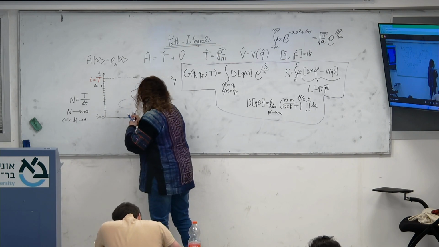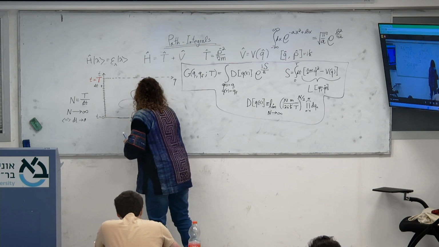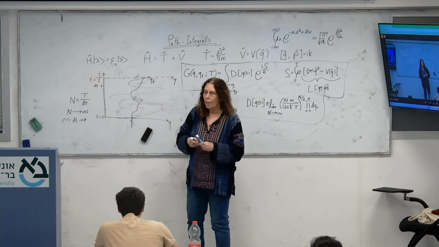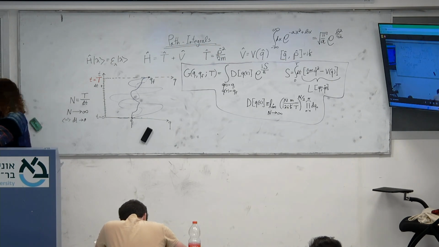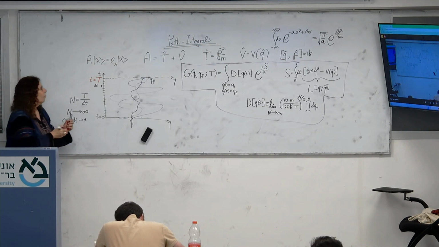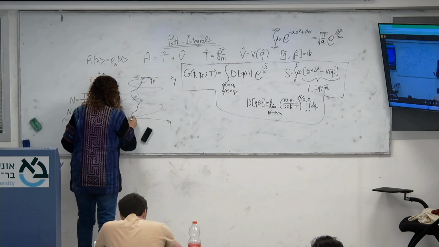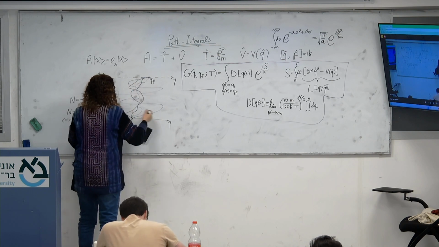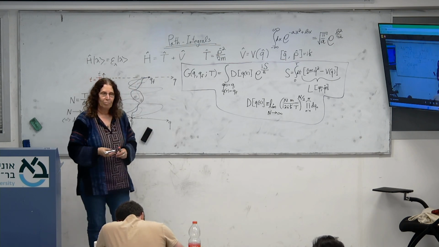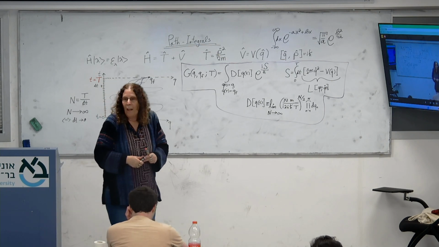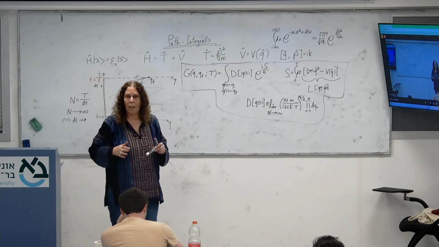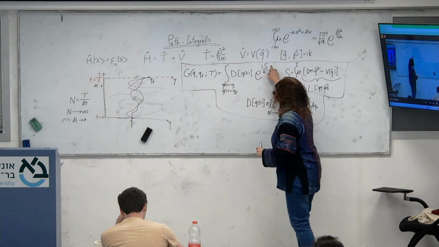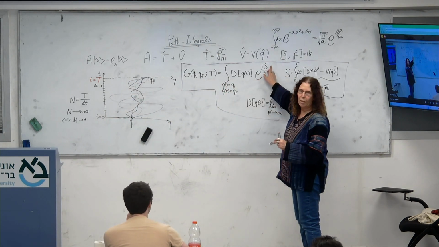We can think of a really crazy trajectory, and we can have a trajectory that goes like this, and there are infinitely many. Okay, all of them, quantum mechanics allows them, but it gives them a weight.